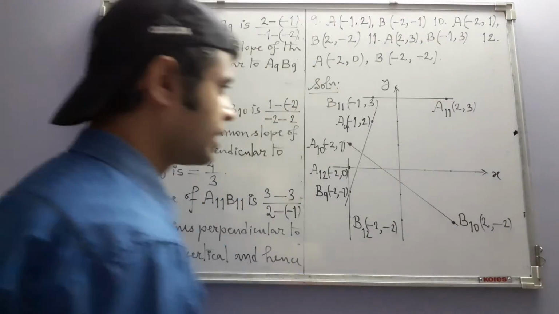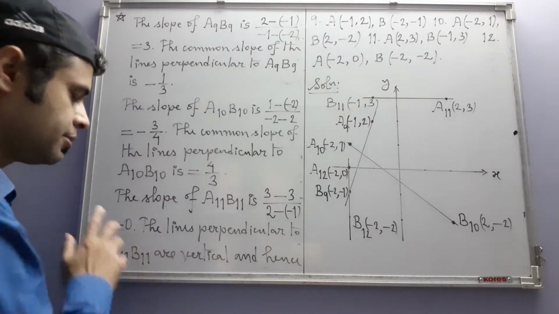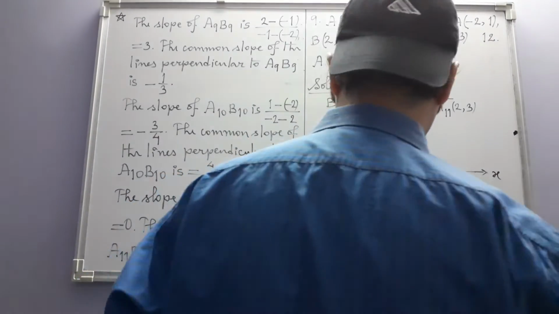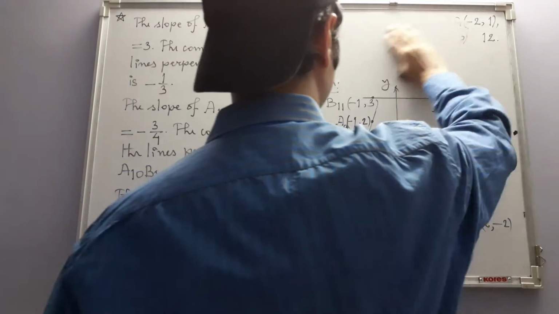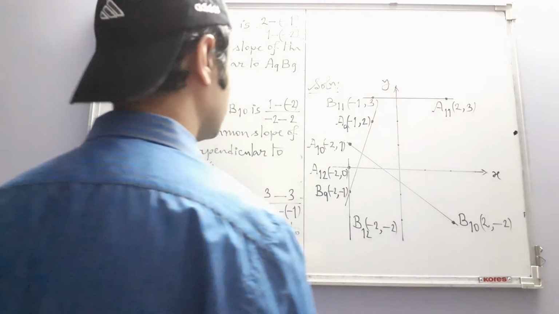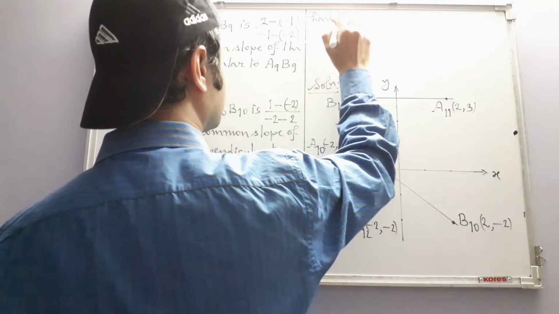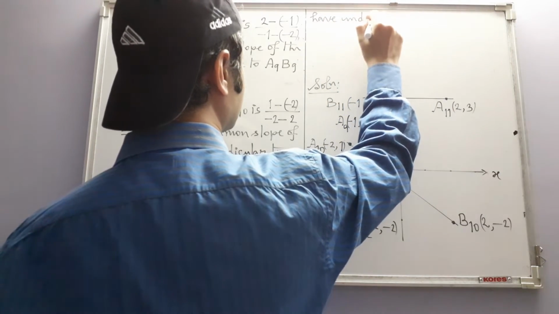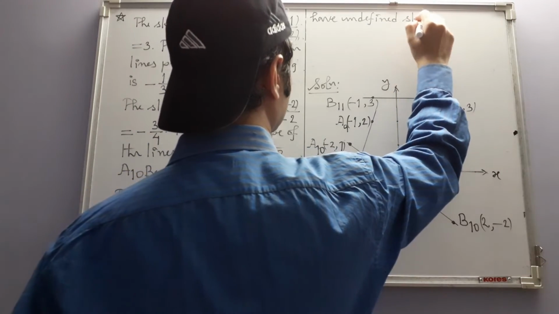Oh, we should not write no slope because no slope usually means zero slope. So the lines hence have undefined slope.